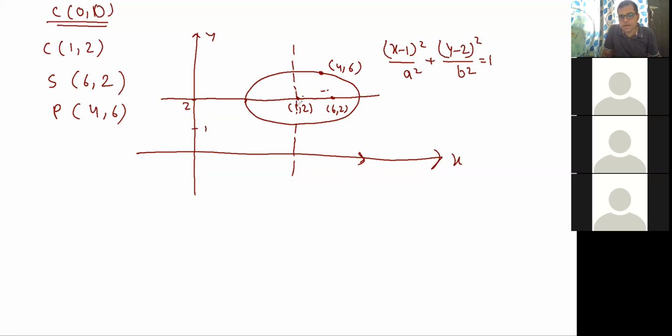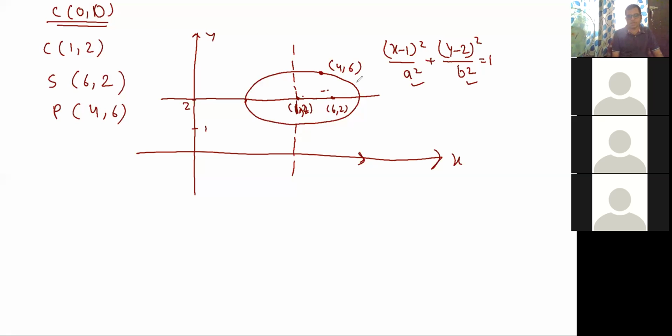क्योंकि शिफ्टिंग कहाँ पे हुई है सेंटर की 1,2 पे. 1,2 is the center, right? Now we have to find the value of a and b. ये दो वैल्यू निकालनी. You have to find a and b. So how will you get a and b? ये पॉइंट दिया है, सेंटर फोकस, ये सारी चीजें दी हैं.